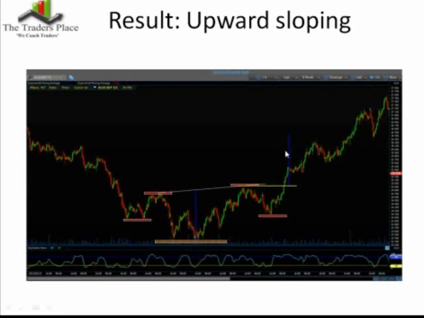So those blue lines are equal in size. This particular pattern far exceeded the prediction that the pattern gave us. You can do one of two things. Either, once it gets through your target, you can trail your stop loss up and keep it tight, or you could simply be target-based trading, put an exit order in, and take your profit at the expected target level.